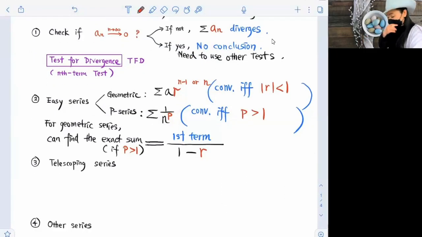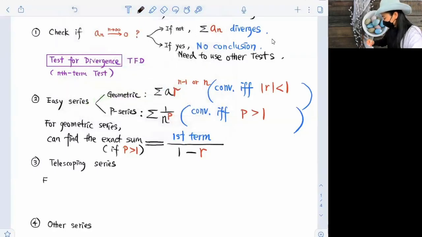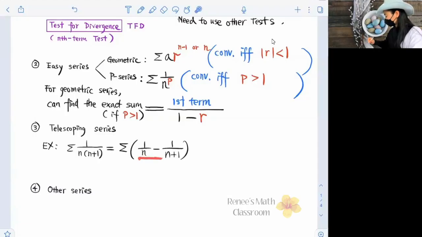Next one, we talk about telescoping series. This is an example of a telescoping series. The way we write it is as a difference. How do you decompose this into the difference of these two?